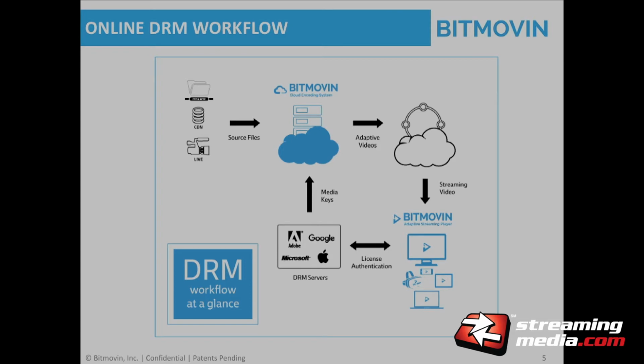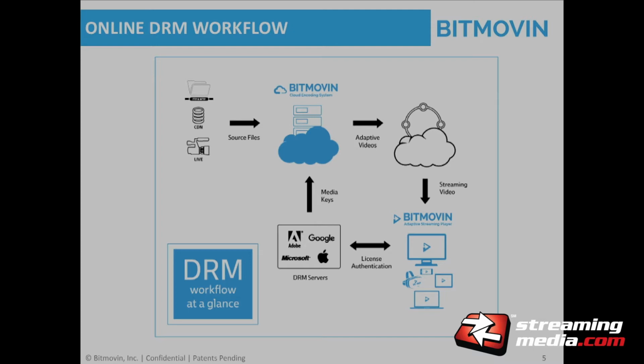Your users want to watch this content, so they stream it to the web browser, and in the web browser they have a player which does the streaming. This player is also communicating with the DRM servers again. Here the loop closes, and here the authentication happens.